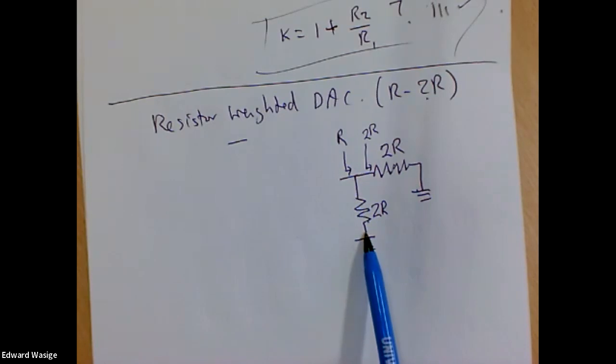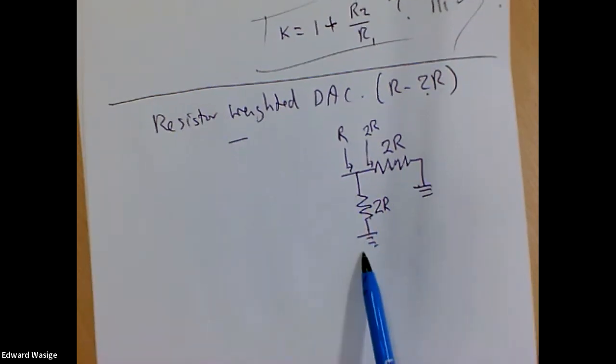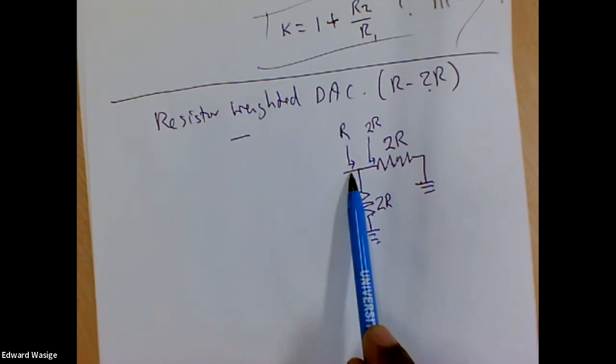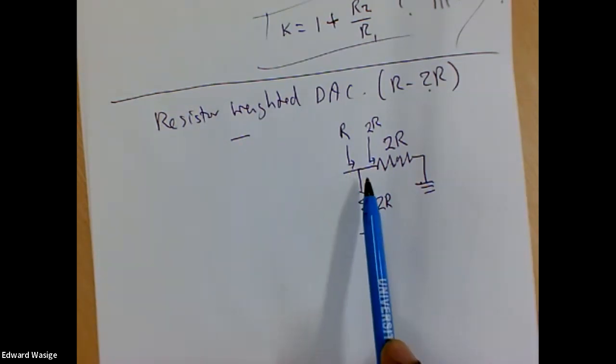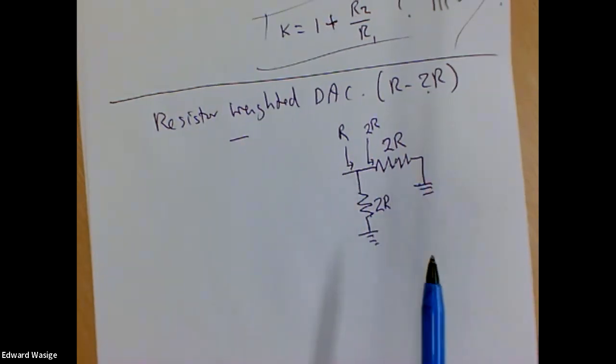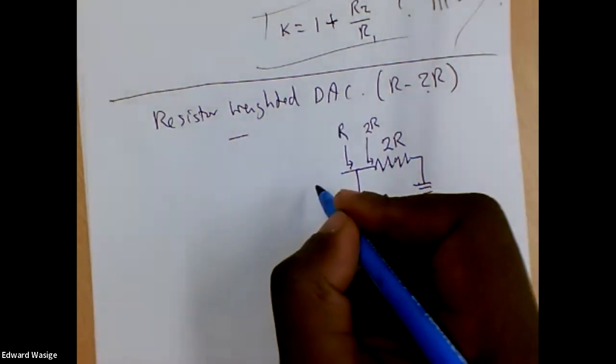By introducing another resistor of equal value, which is grounded, the input resistance from the left-hand side of this branch, just looking to the whole circuit to the right, is R.